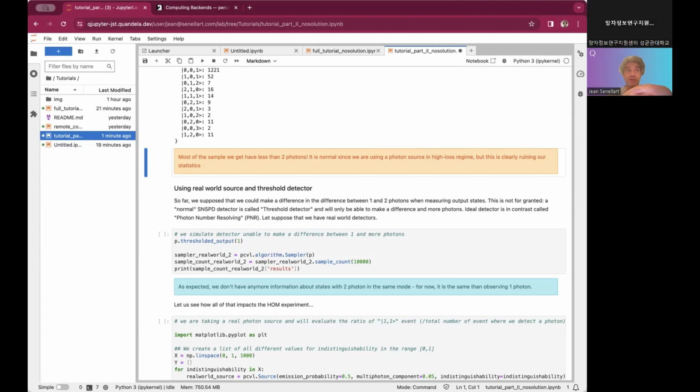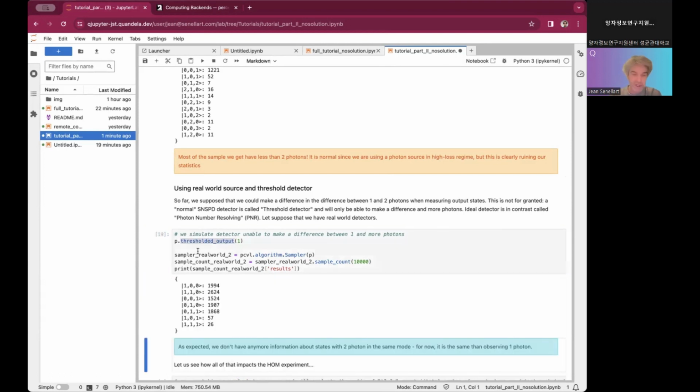Receiving 2 photons does exactly the same: you will just make the transition of the state of the SNSPD, and you won't be able to differentiate between 1 and 2 photons. So you can simulate that with Perceval by using what you call thresholded output. You tell the processor that it needs to behave as a threshold output processor.